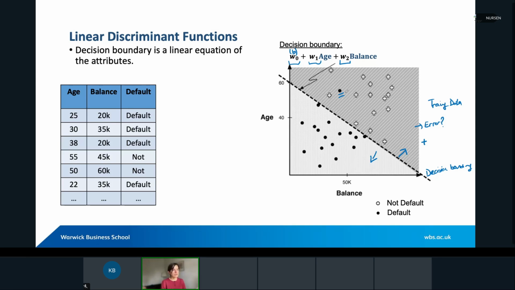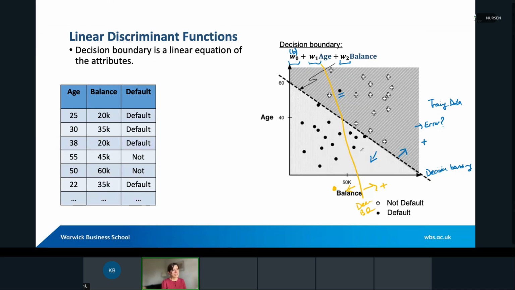For instance, if I use this decision boundary, let me find another color, orange here. Assume that I have this particular decision boundary, decision boundary 2. So any point over this will be predicted as plus, and any point under this will be predicted as circle.